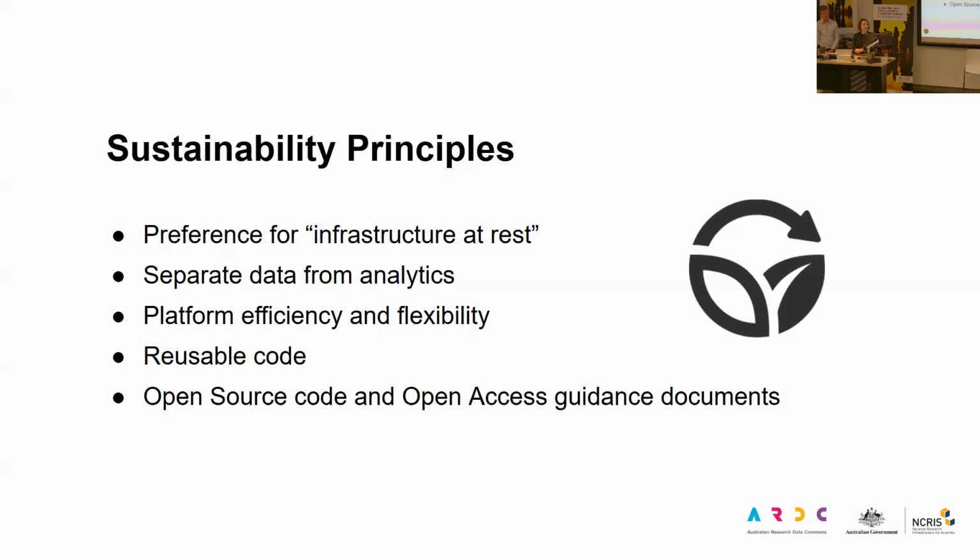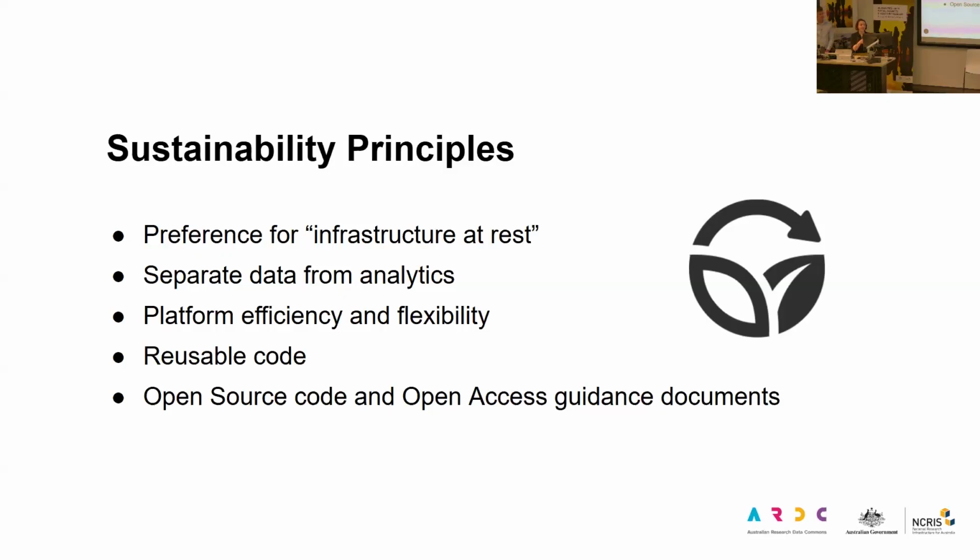And so that initial set of principles were a preference for infrastructure at rest. So infrastructure that can be packed down into a repository as code that doesn't require a costly ongoing maintenance cycle to stay afloat. The need to separate data from analytics so that the data itself can still be used and valued even when the analytical tools and platforms are no longer sustained.